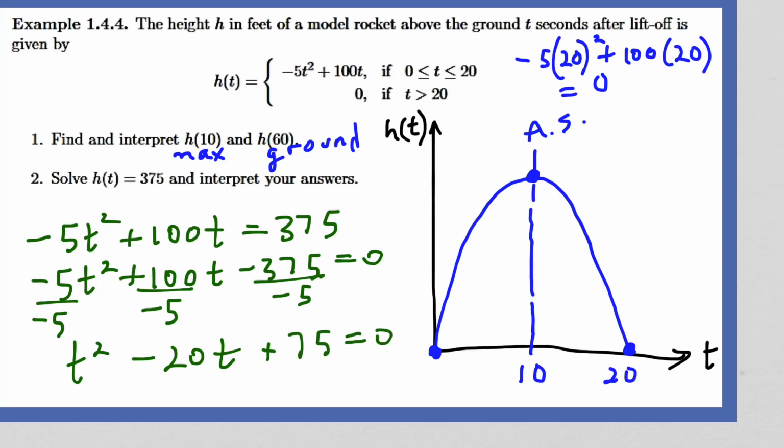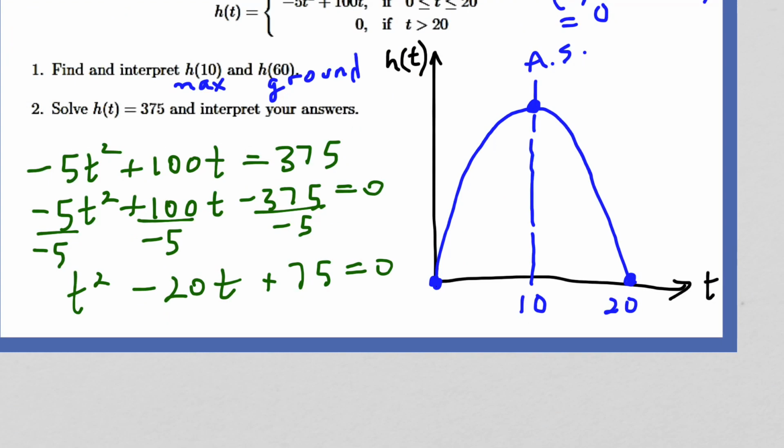Okay. So we want to solve this quadratic. Let's check to see if it's factorable. All right, so if it's factorable, 1 times 75 is 75. Let's look at the factors of 75. So let's see, that would be 3 and 25 and 5 and 15.